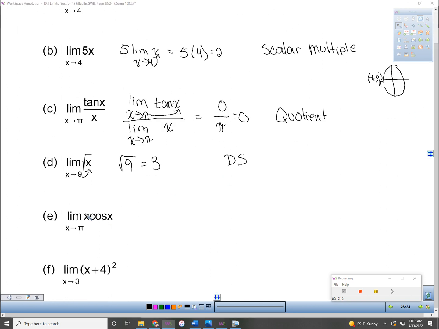All right, here I am multiplying x and cosine x, so that would be a product. So this is going to be our product property. I can just take the limit of x and the limit of the cosine. So if I take the limit as x approaches pi of x, I can multiply that times the limit as x approaches pi of cosine x.